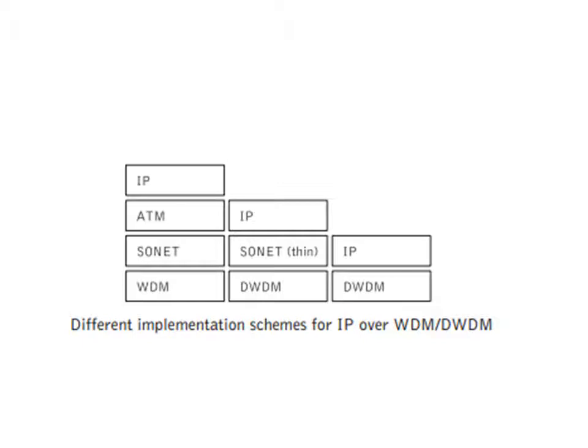To overcome this waste of time slots and increase the transmission capacity, it is improved if statistical multiplexing techniques are used. So in the third generation, WDM and DWDM techniques are used to carry the IP packets, where WDM is wavelength division multiplexing and DWDM is dense wavelength division multiplexing.